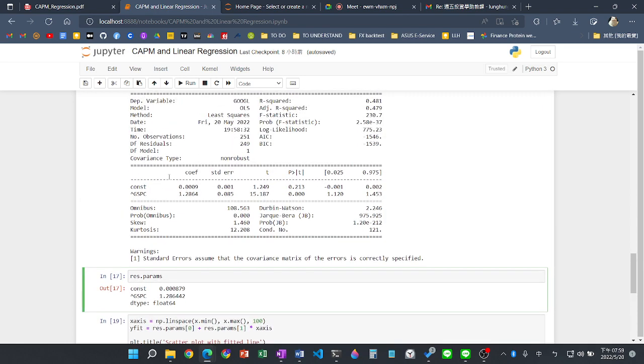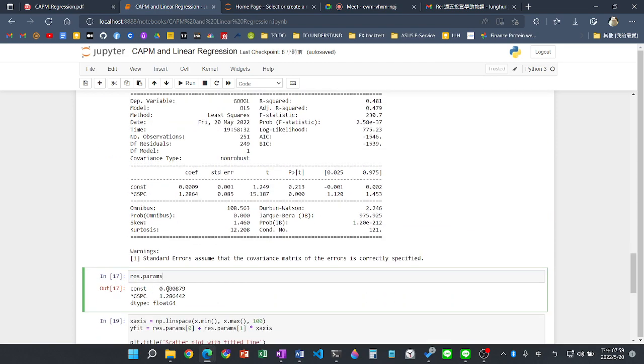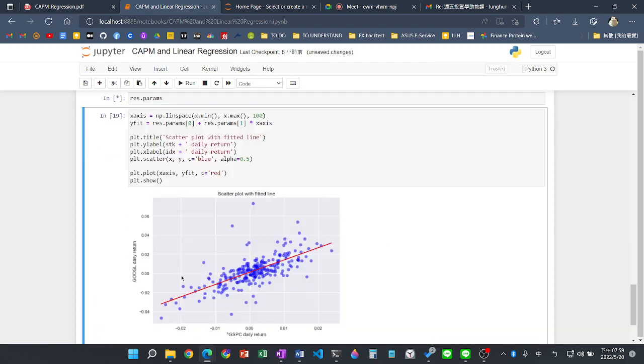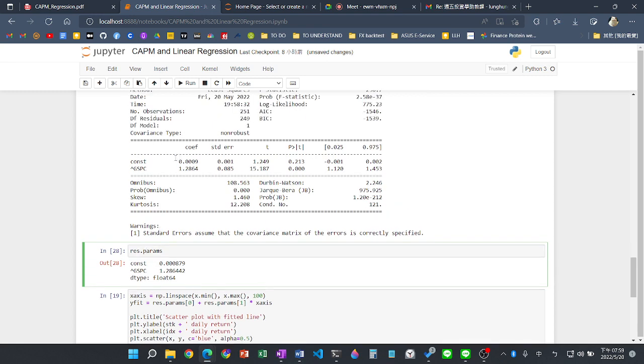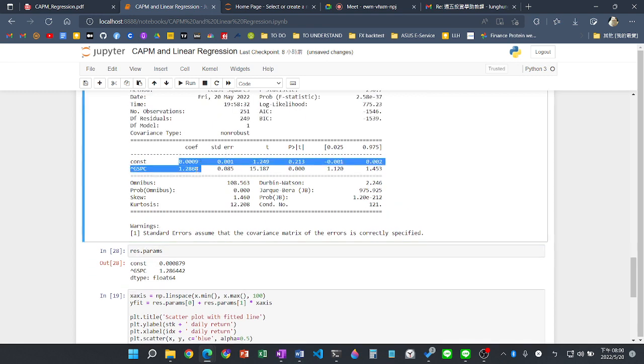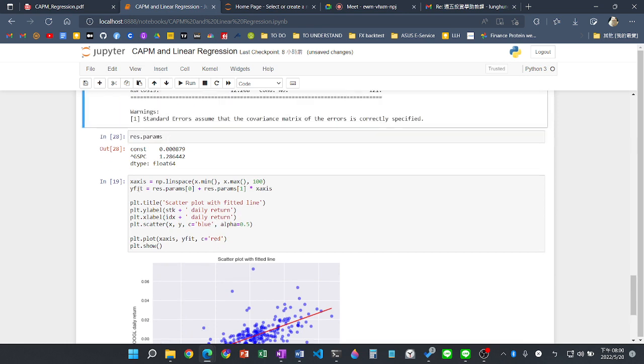So perhaps the first thing, we can take a look at the result's parameters here, which lets us retrieve the numbers, because we need these numbers in order to draw the line, right? And the last step is to have the graphical representation, and here we have the y fit.